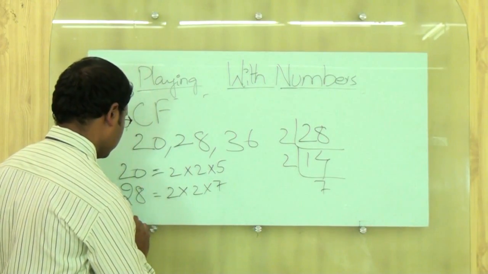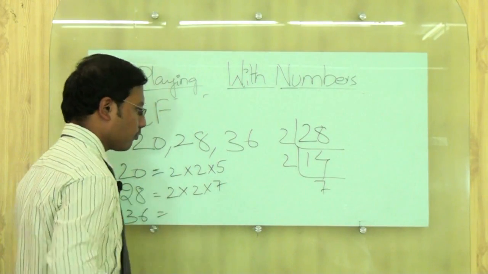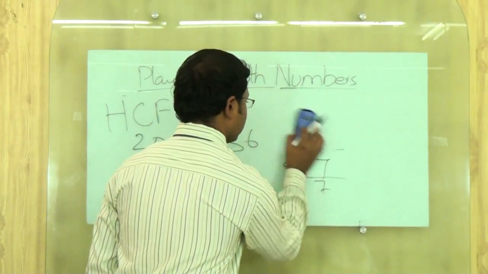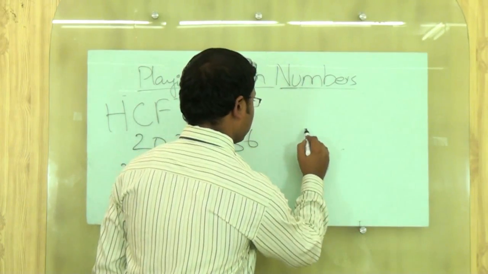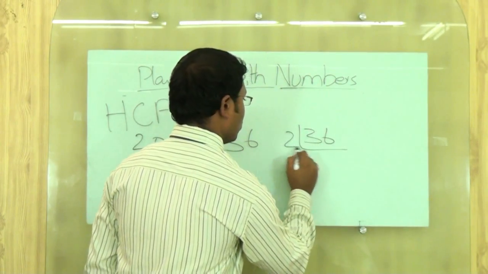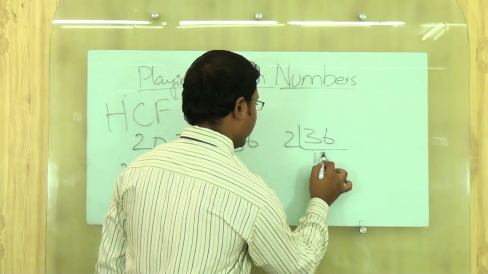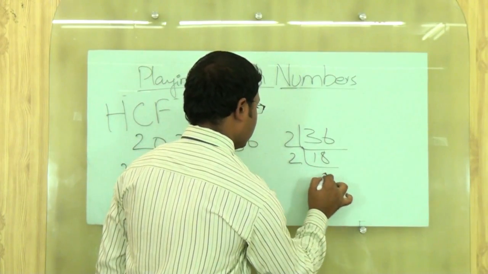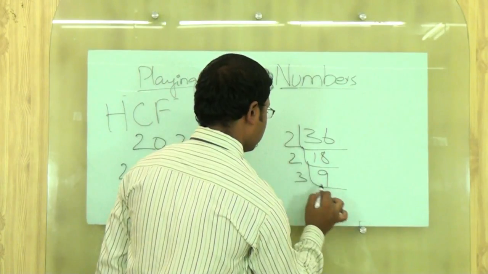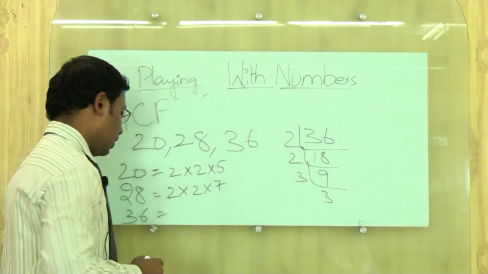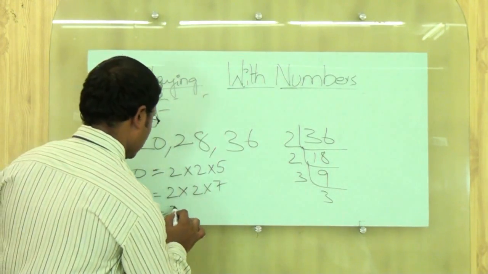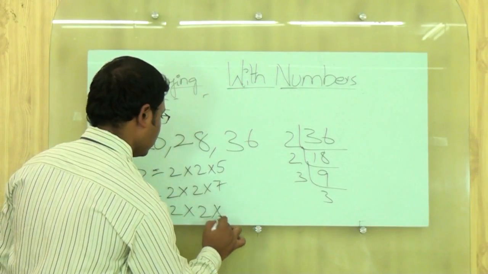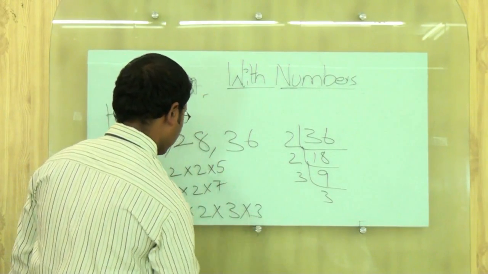Next, find the factors for 36. 2 18s are 36, again 2 9s are 18, again 3 3s are 9. The factors of 36 are 2 into 2 into 3 into 3.